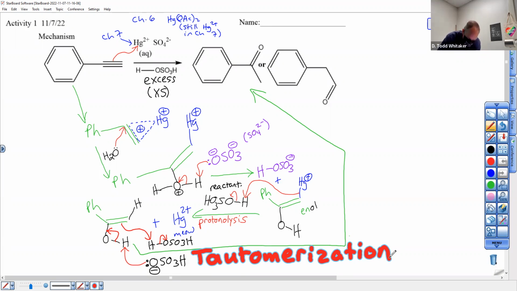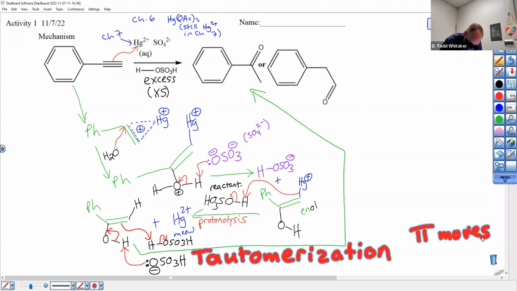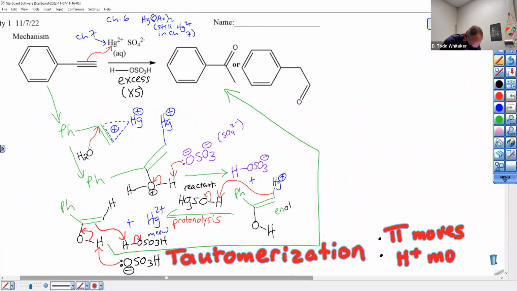A pi moves. That's one part of it. And the other part is a proton moves. And there's your summary of tautomerization.